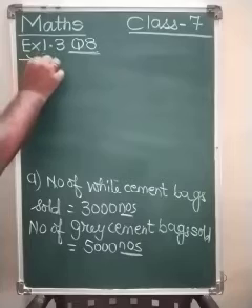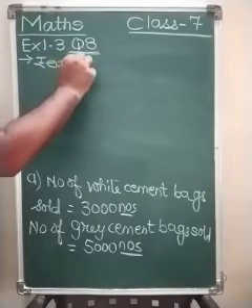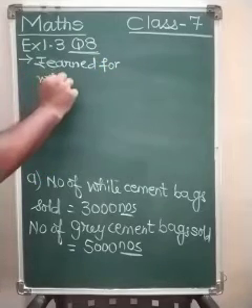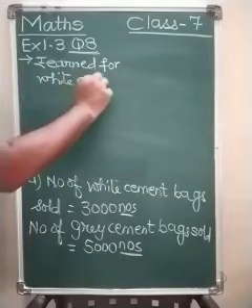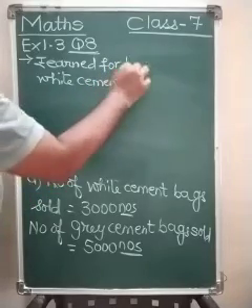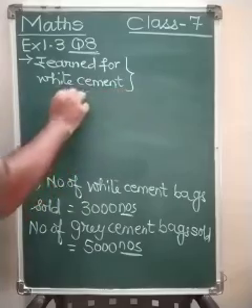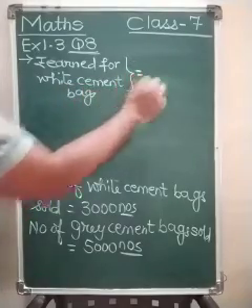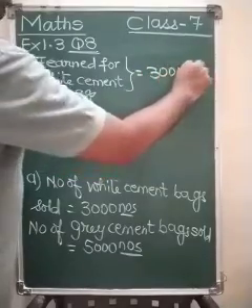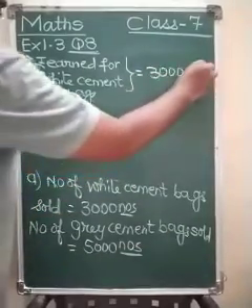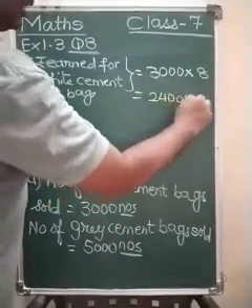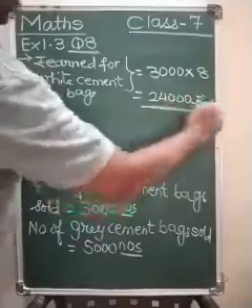So, rupees earned for white cement bags equals 3,000 bags sold, 3,000 multiplied by profit of rupees 8, so this equals 24,000 rupees.